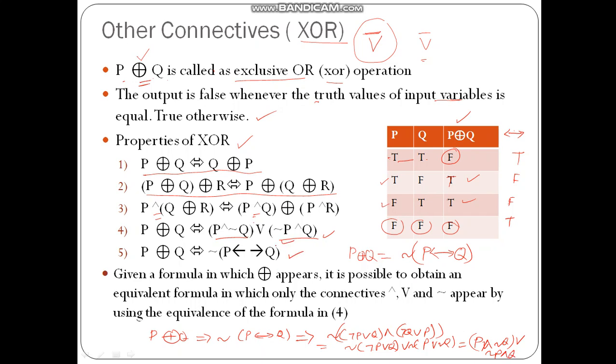Again, this is equivalent to this one. If you extend this, you will get this one.